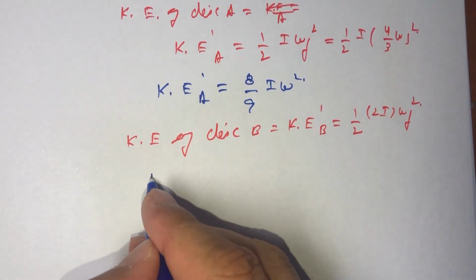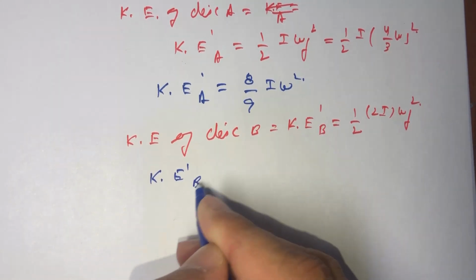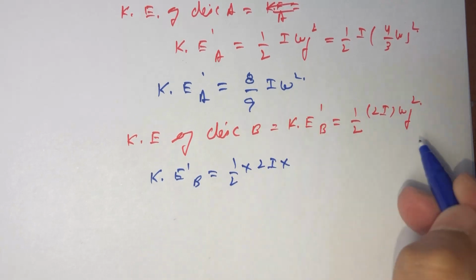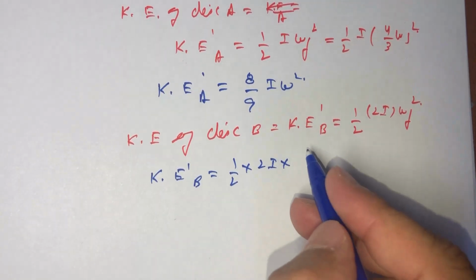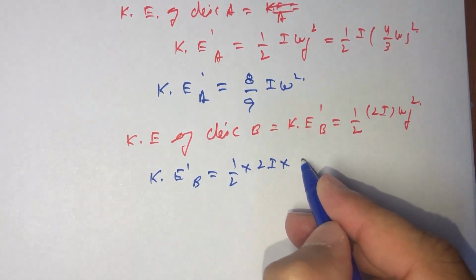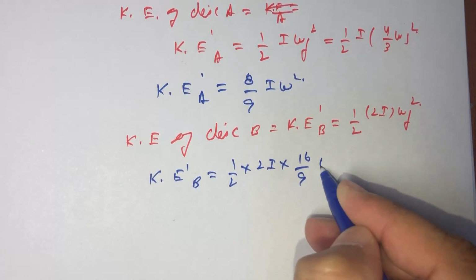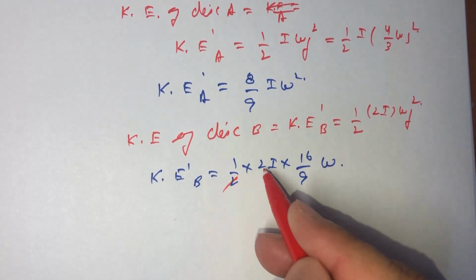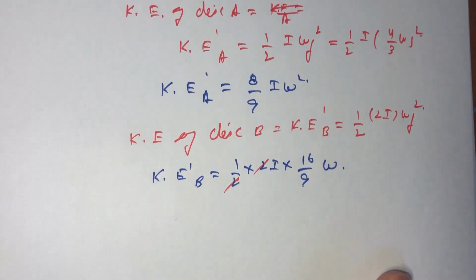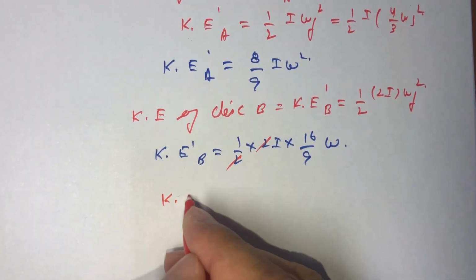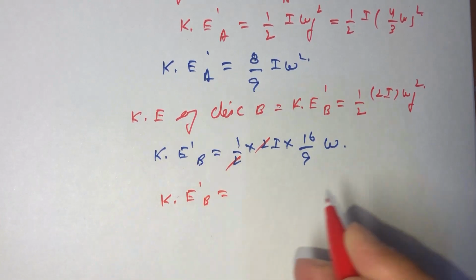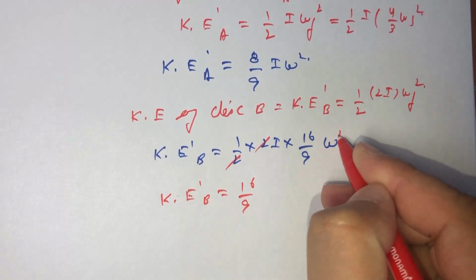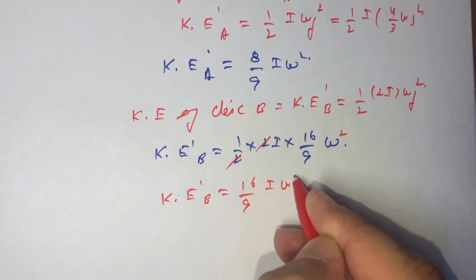So we get KB prime is equal to half multiplied by 2I omega f square, which will be 16 by 9 omega, and 2 goes with 2, therefore we get kinetic energy prime is equal to 16 by 9 I omega square.